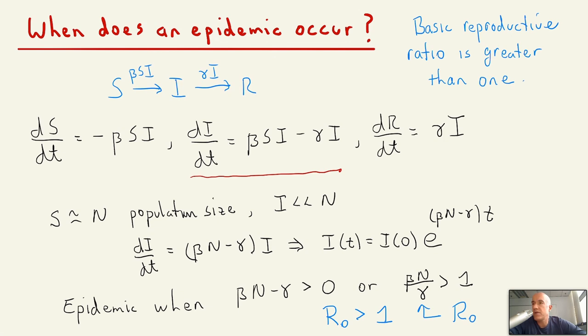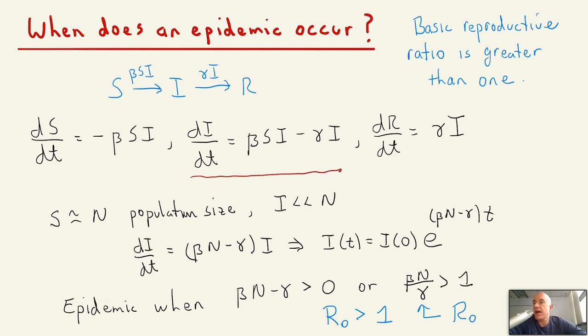The faster the person is removed, the larger is gamma, the smaller the basic reproductive ratio. So if an infective person stays around in the population for a longer period of time, it's also easier to have an epidemic. Okay? So large beta, small gamma leads to epidemics.